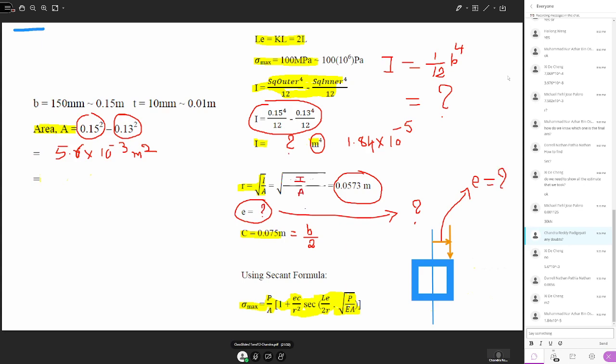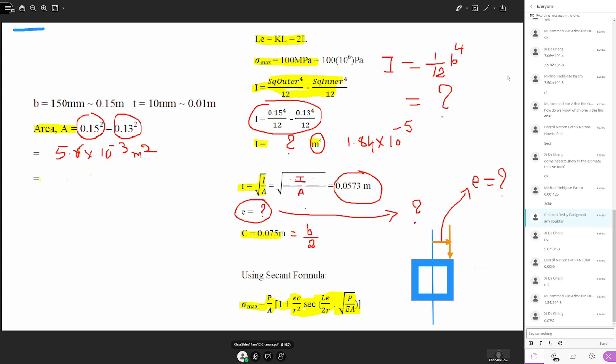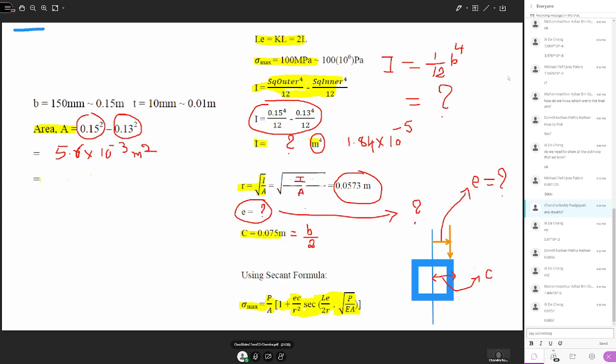So this is the eccentricity value. Can you let me know how much is your answer? 75 means half. 75 refers to from here to here, so that is the C. 0.065 refers to here.